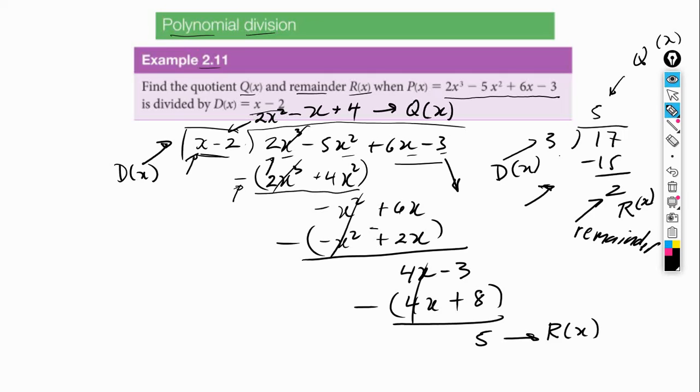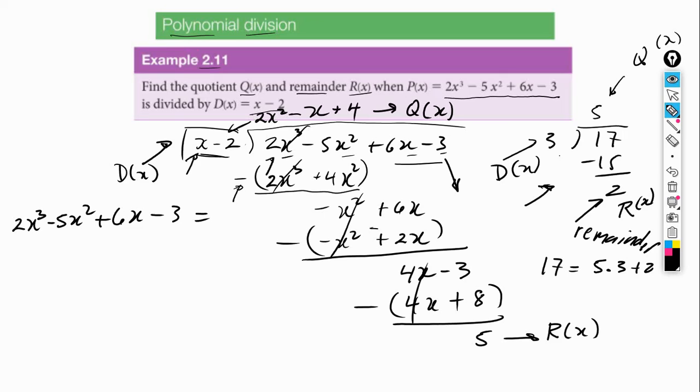Then what follows is to say that 2x cubed minus 5x squared plus 6x minus 3 is going to equal, just like here we'd say, well, 17 is equal to 5 times 3 plus 2, right?